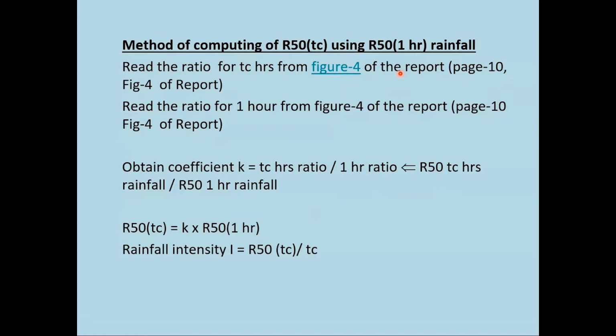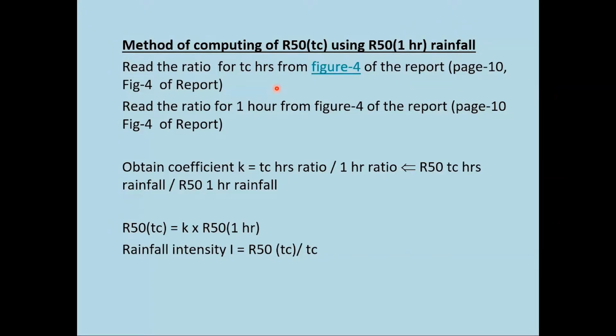So I will again summarize before explaining the example what I have done. I have found out the value of area, the length of the longest stream, then the height difference between them. Based on that, I have found out the time of concentration TC.